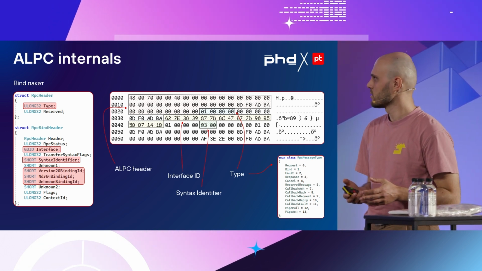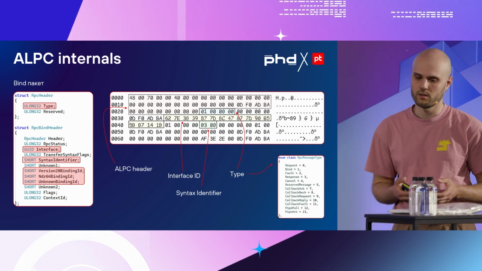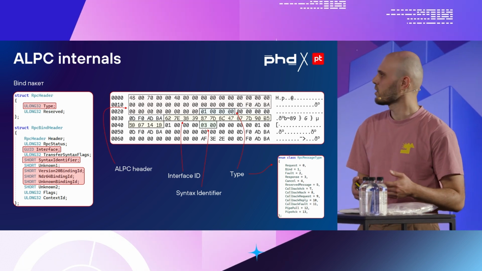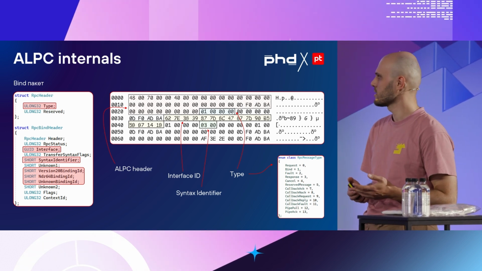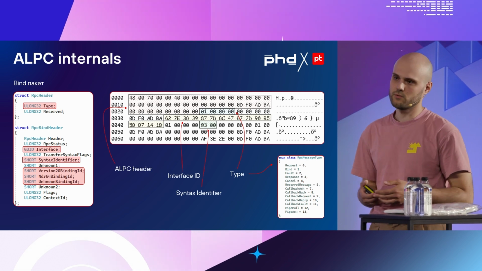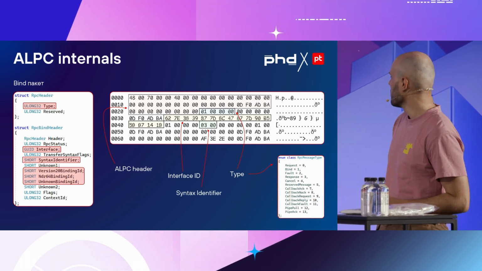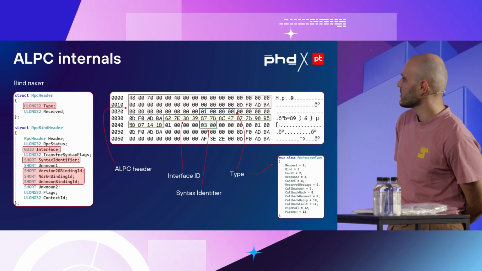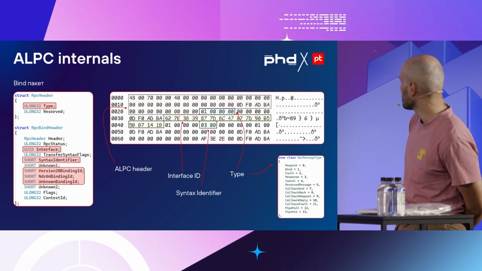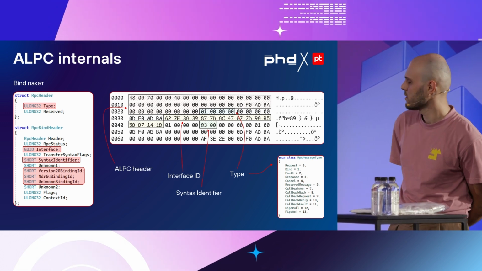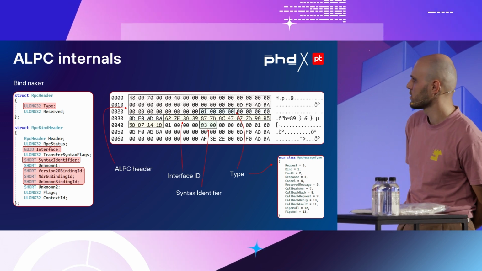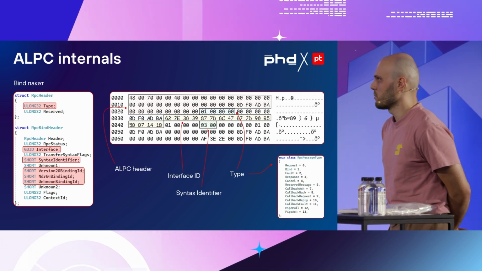In other words, any RPC package starts with a headline which indicates the type. RPC packages have quite a lot of types. We're interested particularly in 3 of them, which are request, bind, and response.